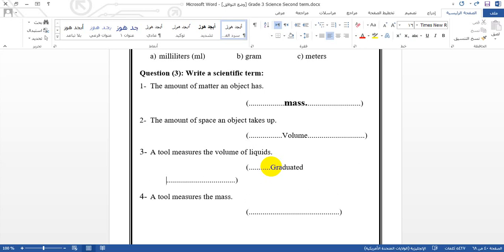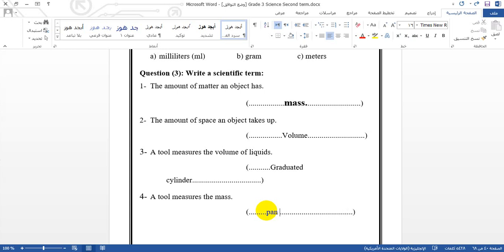I don't know if you have enough space for solving on the cylinder. So, the last one: the tool that measures the mass is what, guys? It is the band balance, okay? The band balance is the tool that we use to measure the mass, in kilograms or grams.